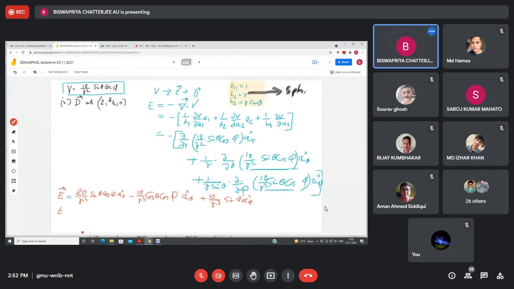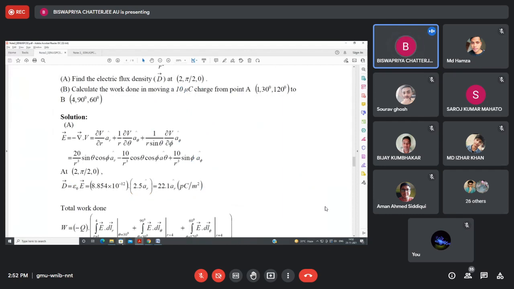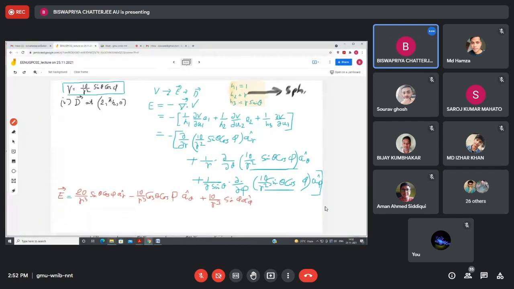So now what is D? So you know D is equal to epsilon E. So you know the epsilon value, 8.854 into 10 to the power minus 12, into this E. I am not writing it again.